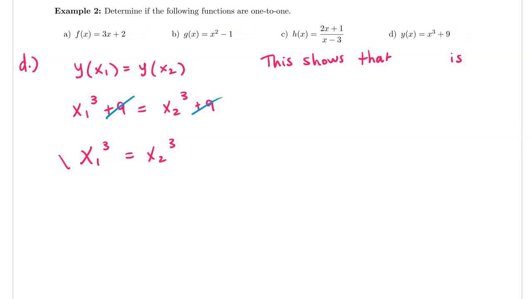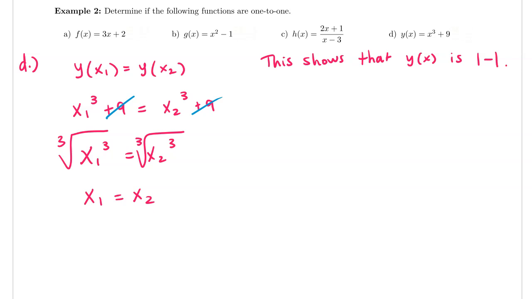And then if I took the cube root of both sides, now be very careful, the cube root does not yield the same result as a square root because the index is an odd number, and so we're just going to get x1 is equal to x2, and that shows that y of x is 1-to-1.